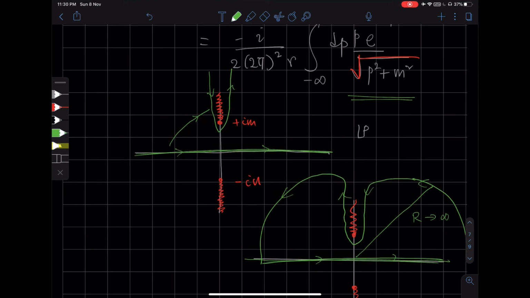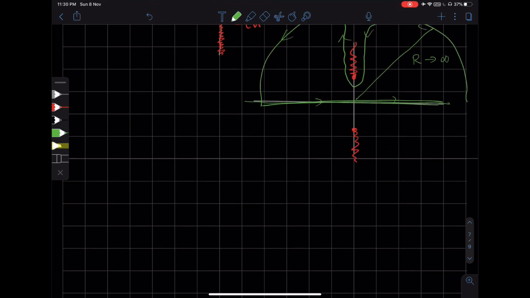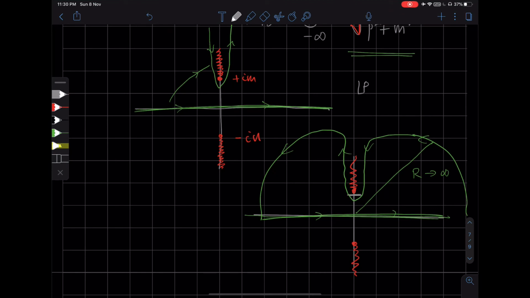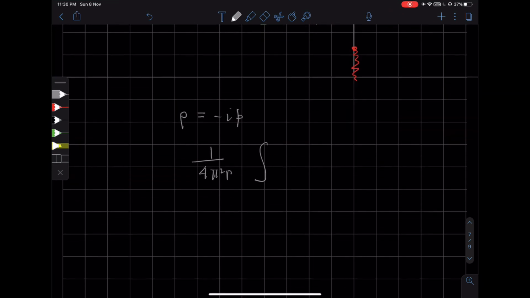I can introduce a new variable rho equal to minus i p, and a little bit of manipulation shows that our integral becomes 1 over 4 pi squared r times the integral from, what is this point? This point is i times m. So in the rho variable, the lower limit becomes m, and the upper limit becomes infinity.